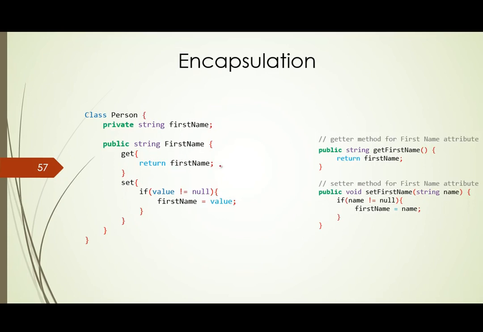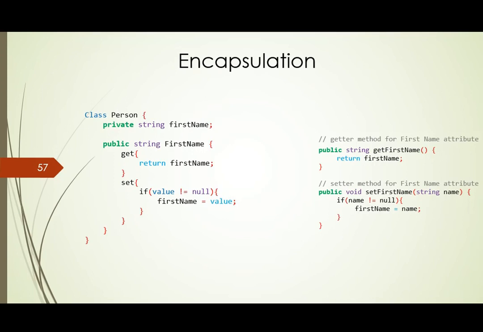But the recommendation is do not do any heavyweight calculation in the getter method, because we really want our code to be efficient. To do many of the things in the get method will make your program slow. So the best way to change your first name or the field is in the set method. So if you have any validation kind of thing, do it in the setter method, not in the getter, so that it reduces the time.